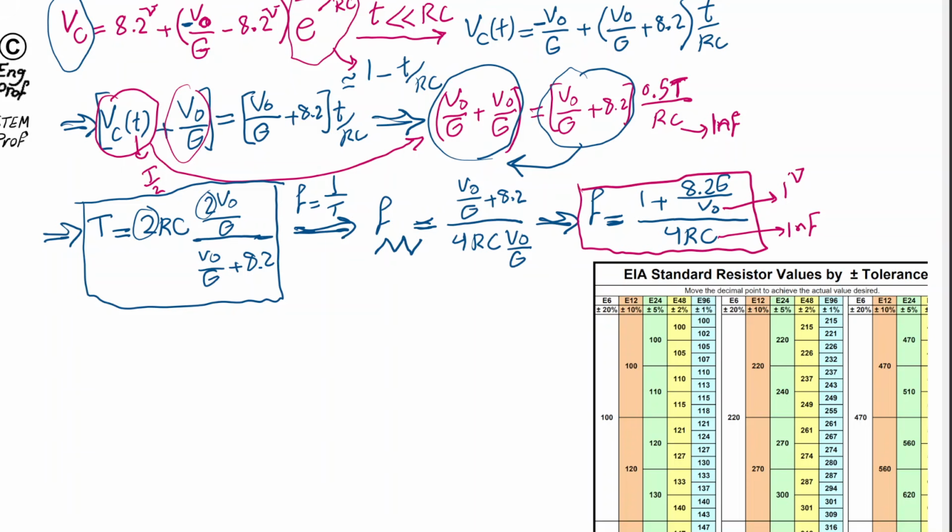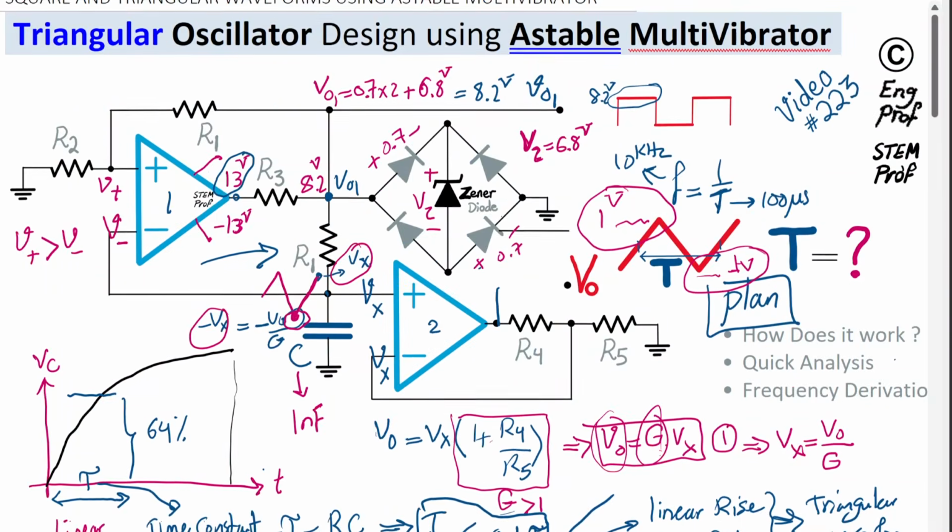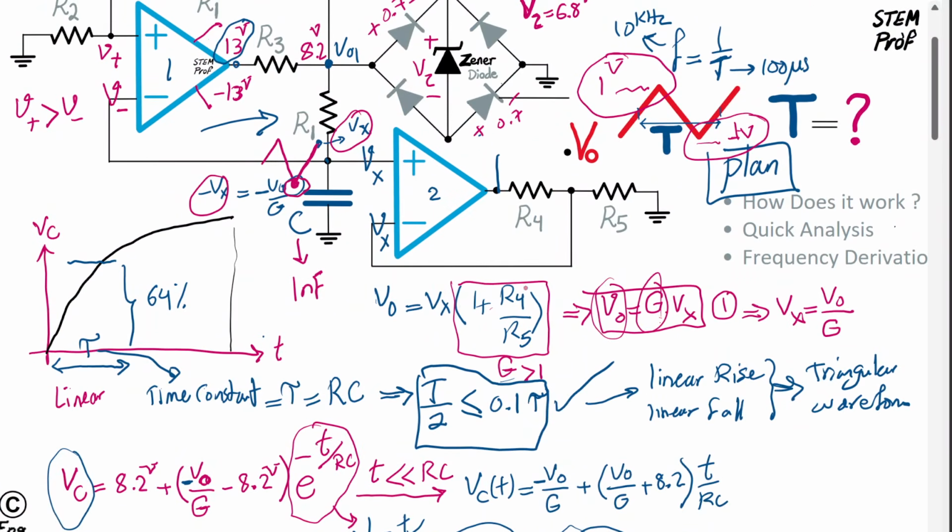The thing is, if the frequency is 10 kilohertz, for example, the target is 10 kilohertz, so 10,000 hertz, then the question is, what is the gain, basically what is 1 plus R4 divided by R5 in the circuit as gain? So I said the value here is what is referred to as gain.